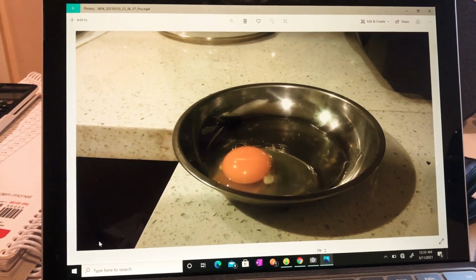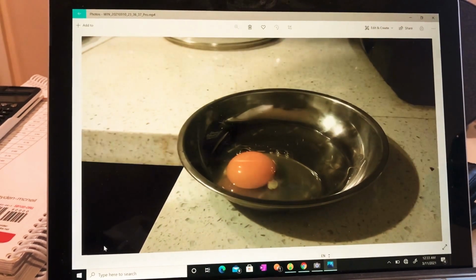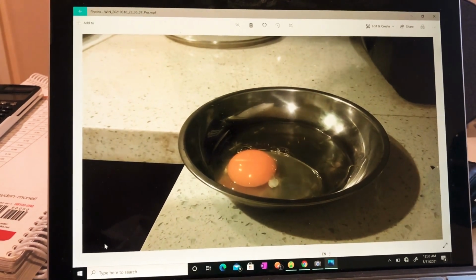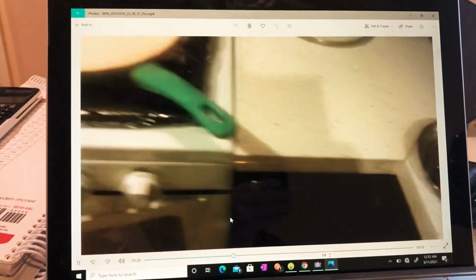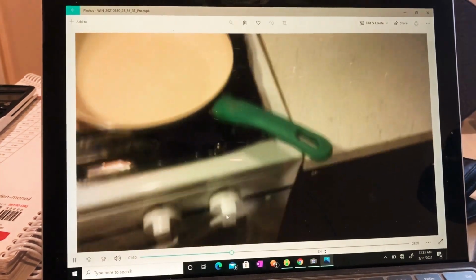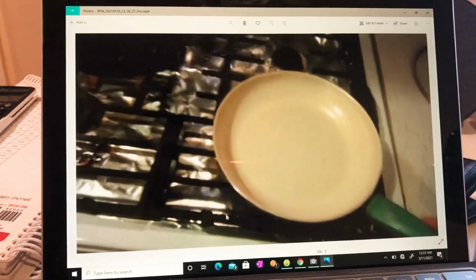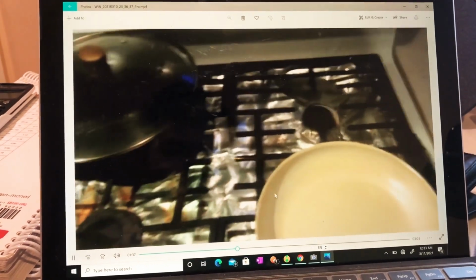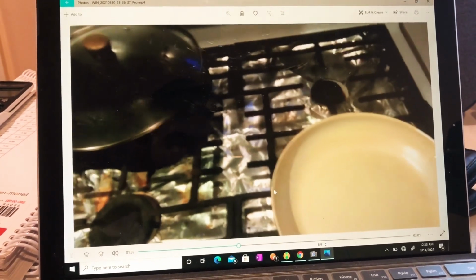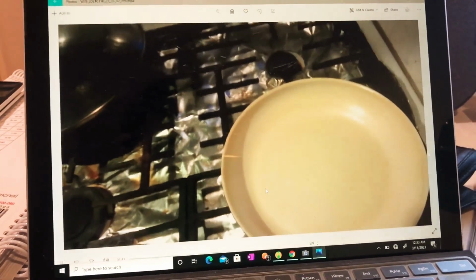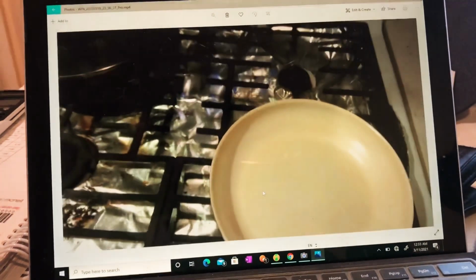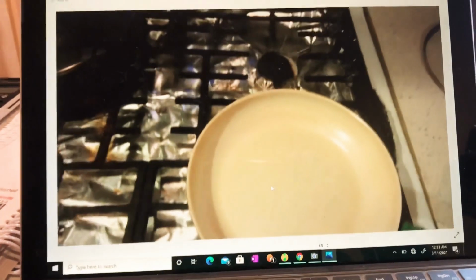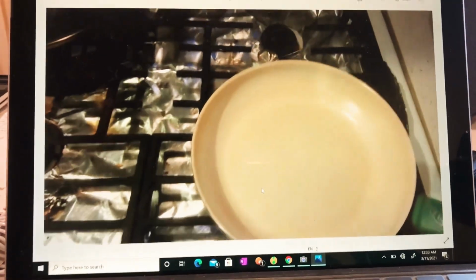Okay, let's get started with the lab. First, we need to turn on the heat. Okay, turn on the heat and then add 1 tablespoon of olive oil.